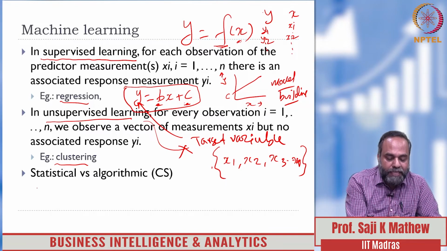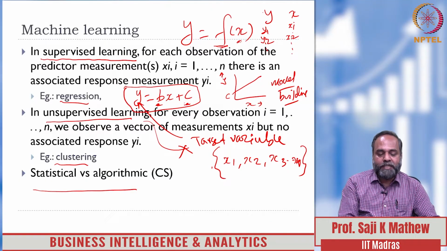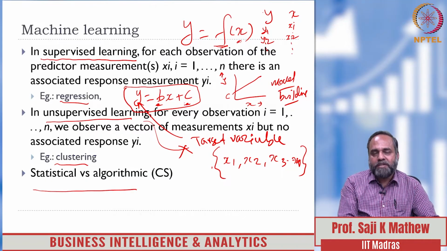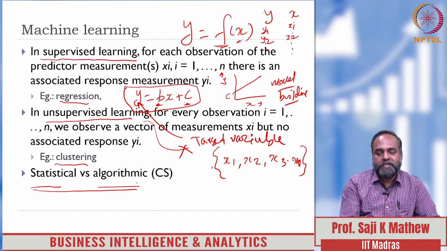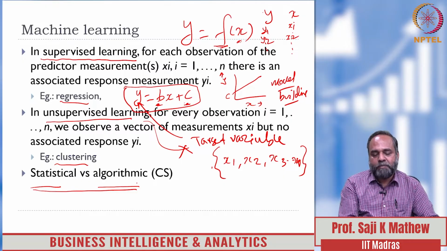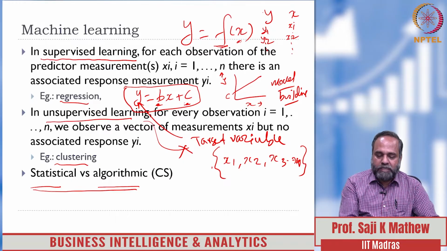Then again in machine learning, another way to classify techniques is to look at which science, or where, that particular method originated. Is it in statistics, like regression, or is it the algorithmic community, like computer science, where neural networks or decision trees are algorithms developed by the computer science community?